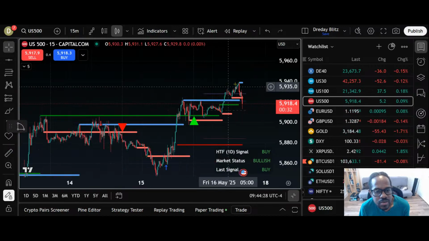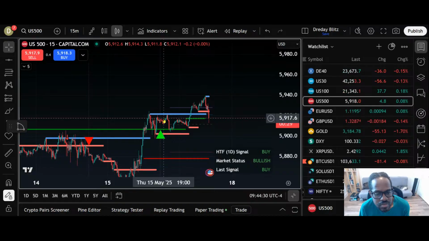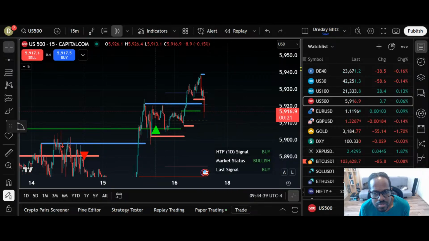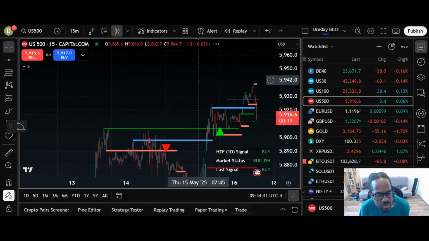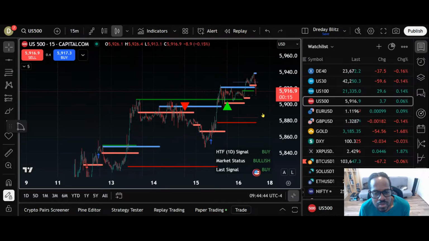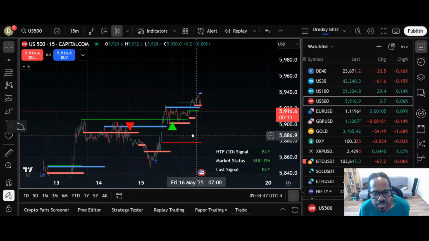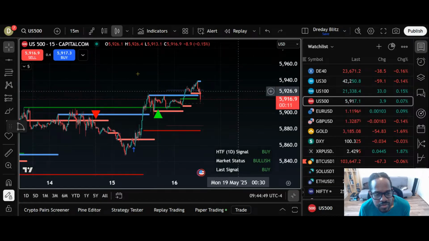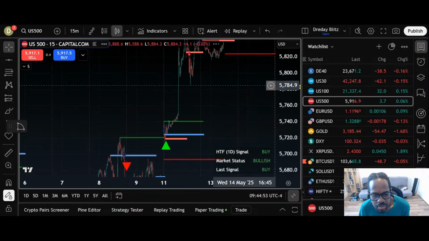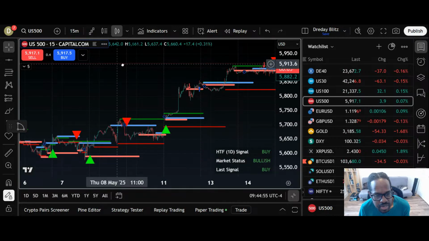All right. Based off of that, we're waiting for a sell because price needs to go up and down, up and down, up and down.